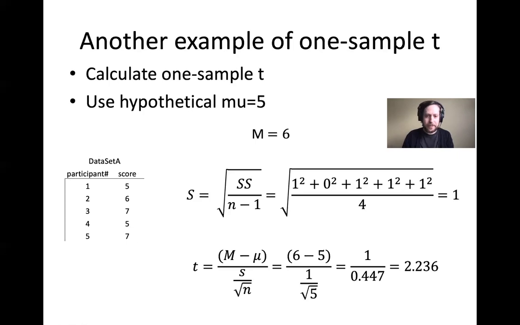Mu for the one sample t-test is oftentimes inferred or derived using probability theory. And I mentioned for this example last time that our mu was 5. Could someone remind me, how did we derive 5? How did we infer 5?